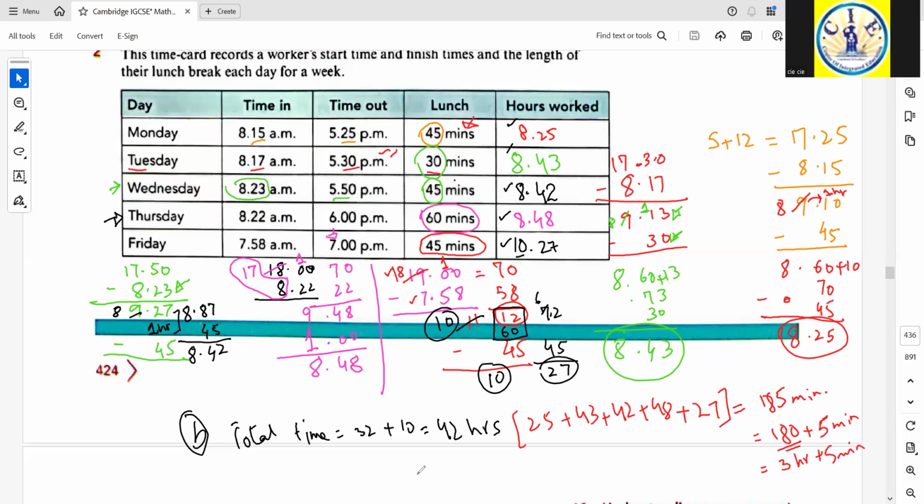So completely the answer is 42 hours, then 3 hours, which is 45 hours, and then 5 minutes. So this is the time he worked, excluding the time spent on lunch throughout the week.